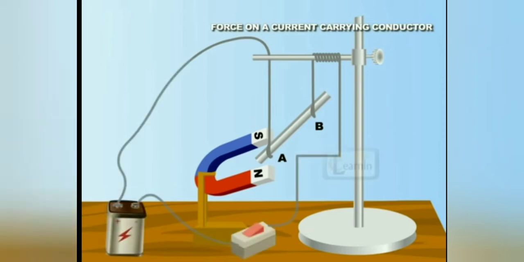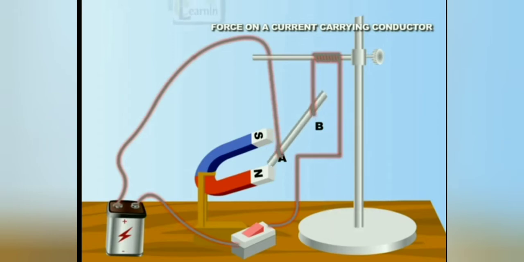Now connect this in series with a battery and plug the key. Now let current pass through the aluminium rod from B to A, and we will notice the rod moves towards the left. On interchanging the battery terminals, we can see the rod move towards the right. Observe it again, the rod will move left and right.